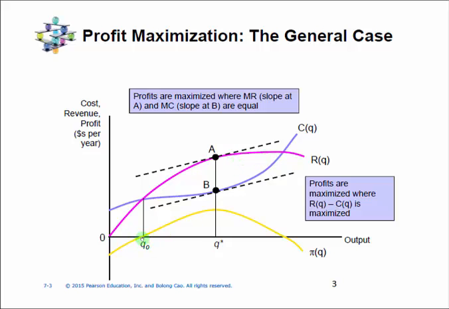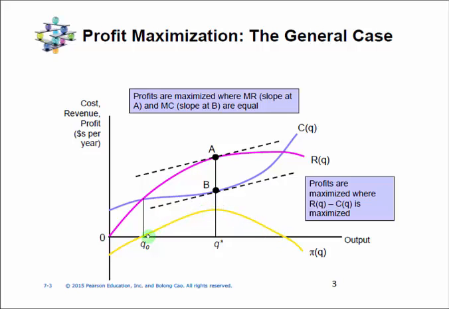So the yellow line, at least from Q0, will increase and keep increasing until Q star, the highest point, and then start to decrease. So the idea is that we want to produce at a Q star that maximizes the profit. And assume that this yellow line is smooth.